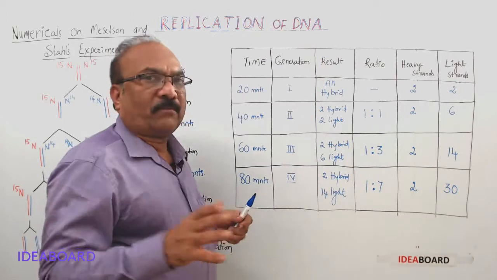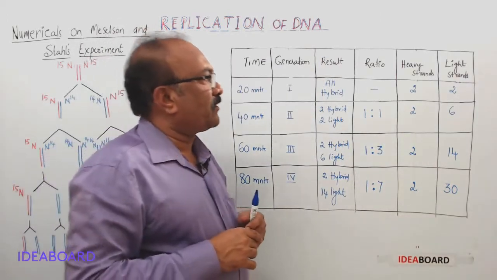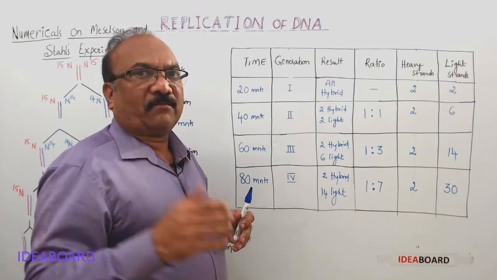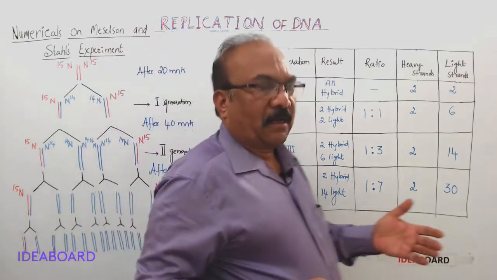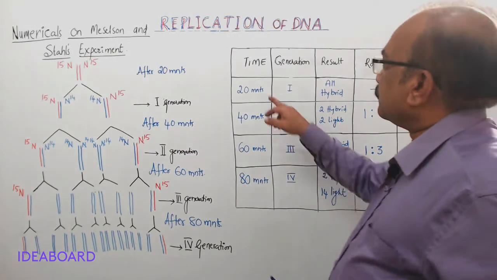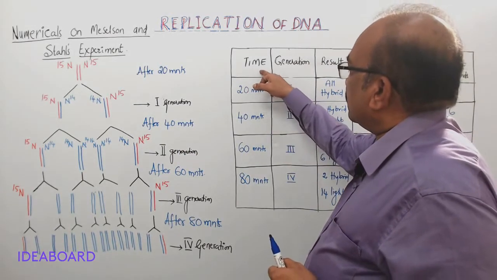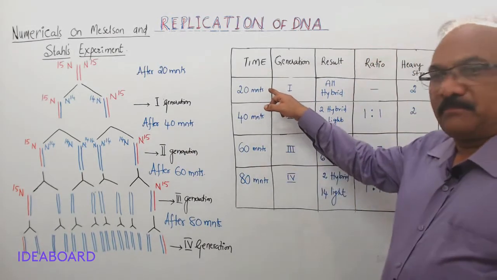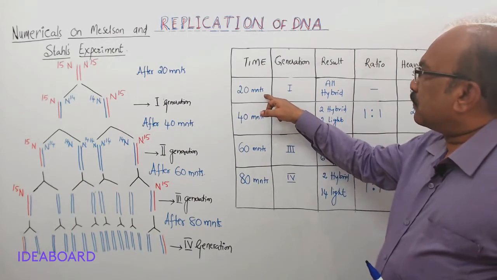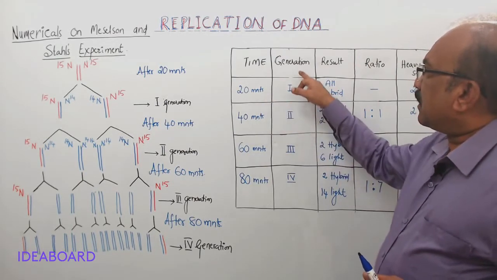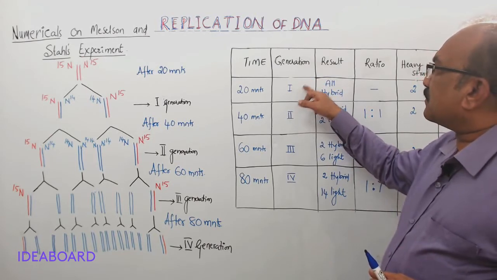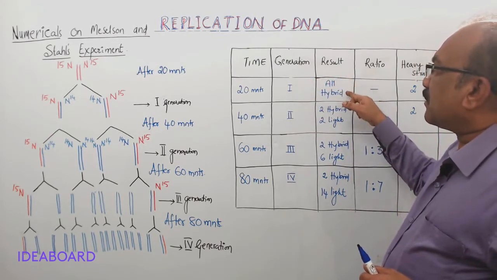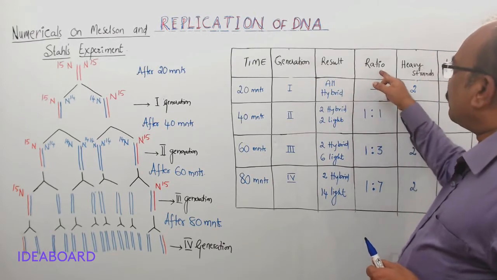Now, for your benefit, I have made a table. You just see here. In this column I wrote the time: 20 minutes, and after 20 minutes you get the first generation. The result was that all hybrid DNAs were formed. What is the ratio?